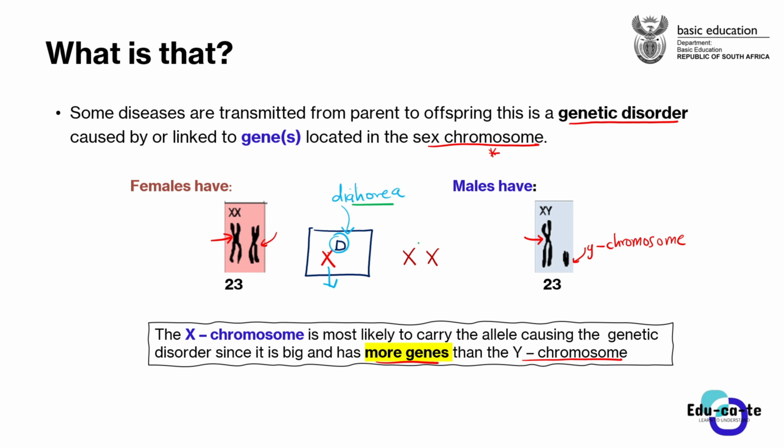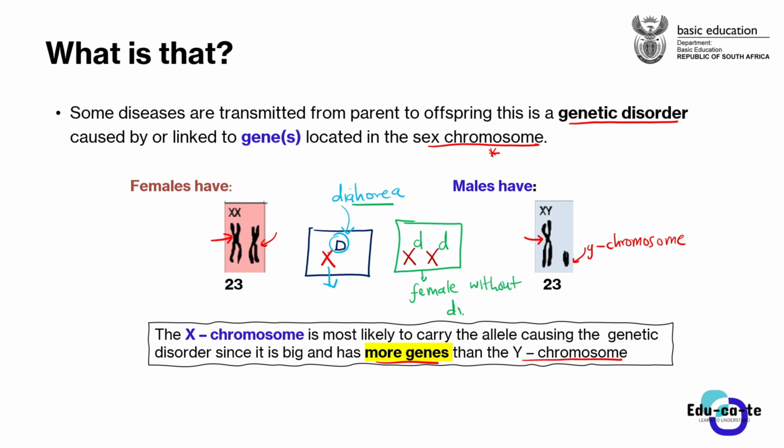So we can say X with a small letter d and small letter d. If we put recessive alleles in this case, you can certainly see that this girl is a female without diarrhea.